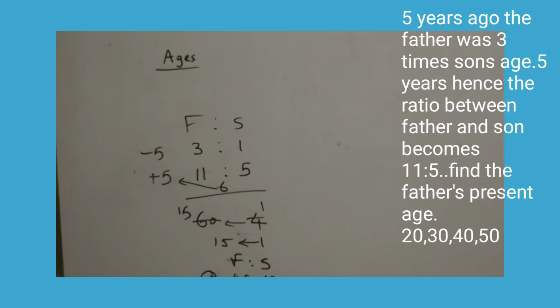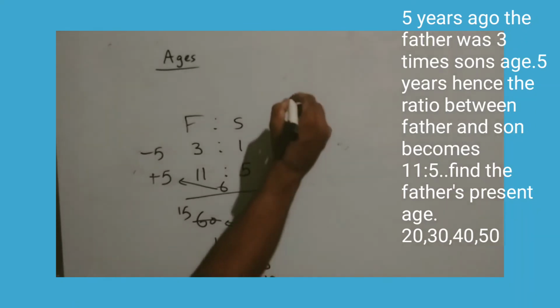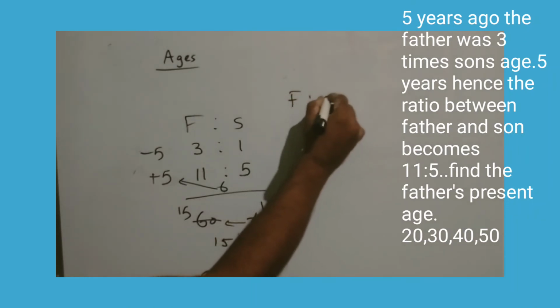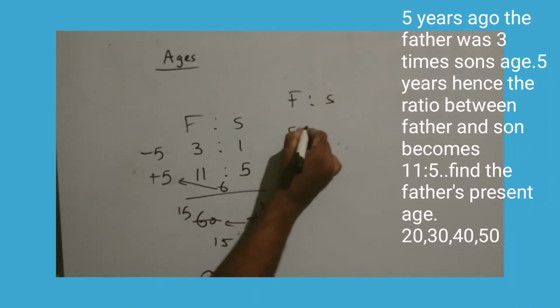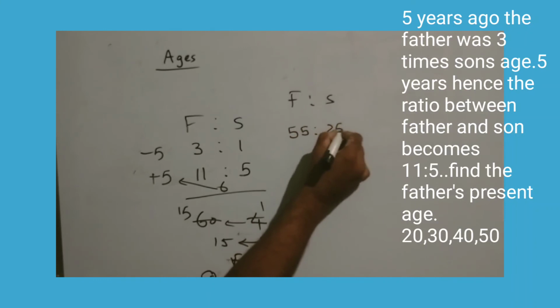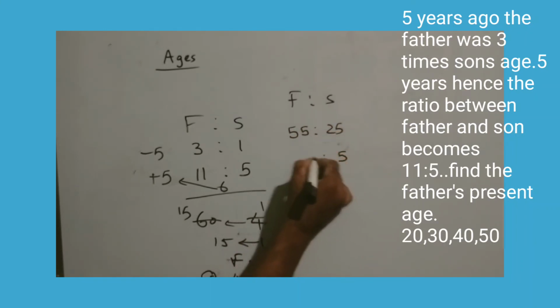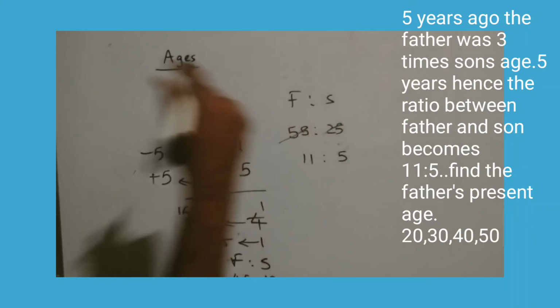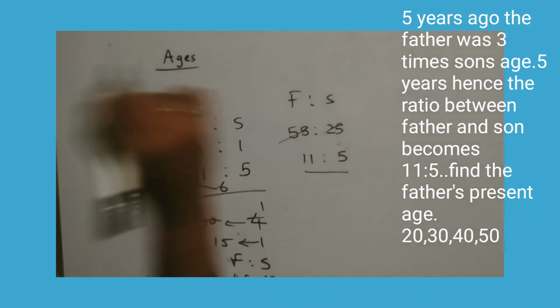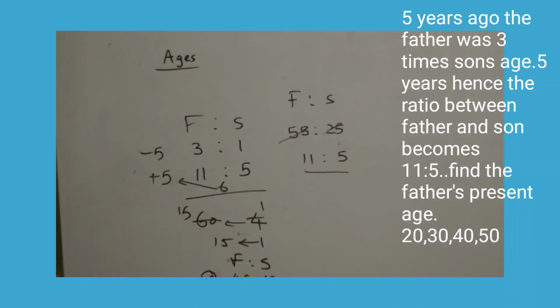So for checking the ratio, after 5 years, father is to son, 55 and 25. That is 5 5s are 25, 5 11s are 55. This is the checking. So like this, we can solve the question with a shortcut trick. Thank you, dear friends.